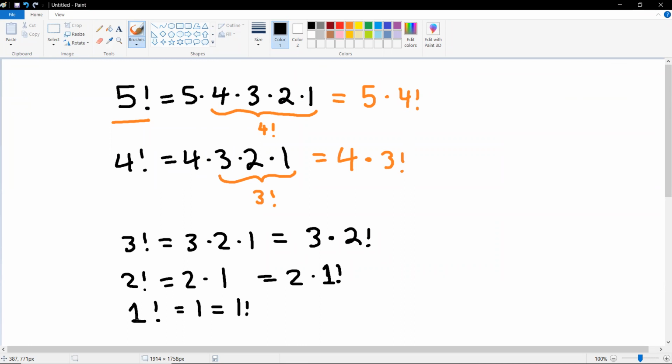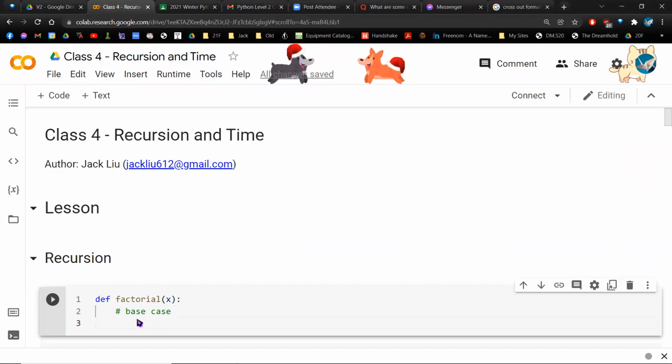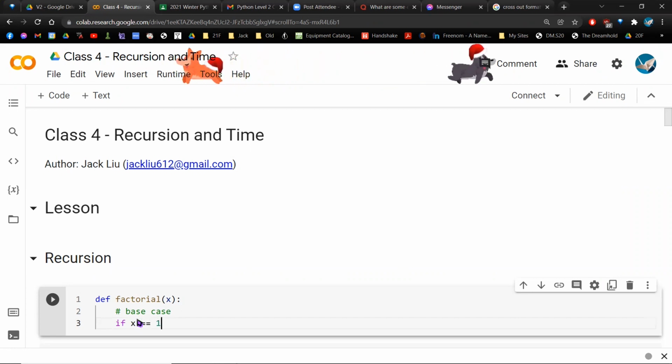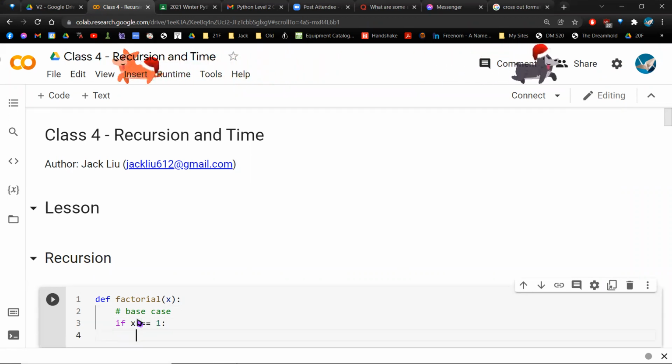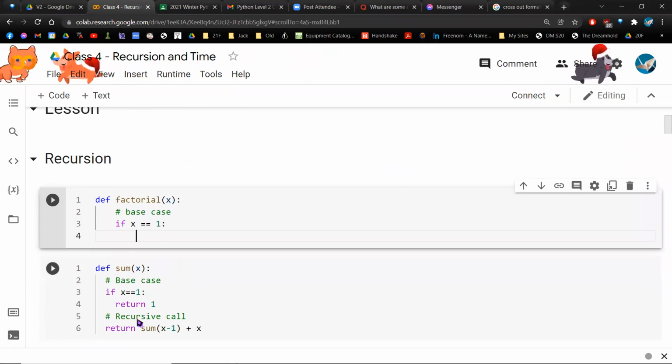If someone asks us what is 1 factorial, we don't have to think anything. It's just 1, right? And so we can just say if x equals 1, well, now we want to do something. Well, we can just return 1 because that's our answer.